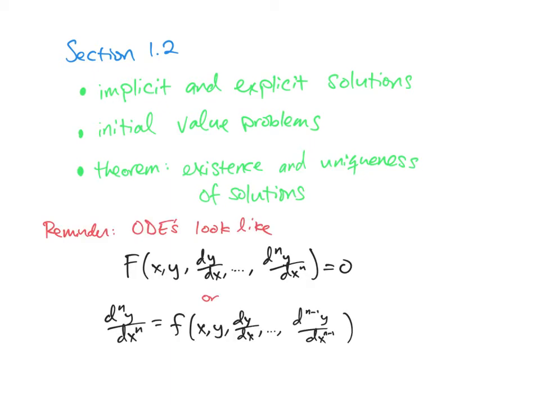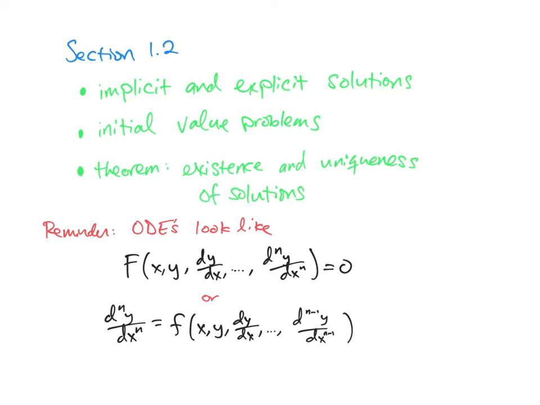So as a reminder, we had two different forms for what an ODE, or ordinary differential equation, looked like. The first one is where all the terms up to the nth derivative of our function y are on the left-hand side, and then we have just 0 on the right-hand side.